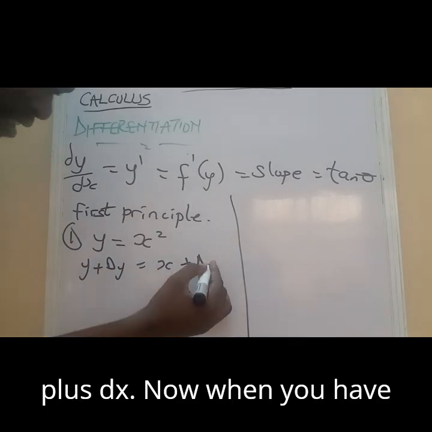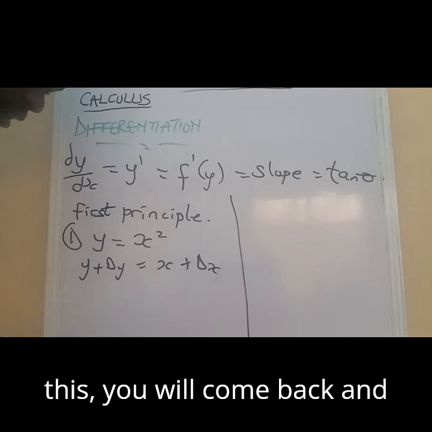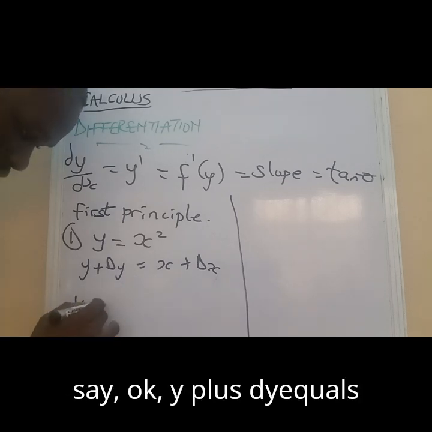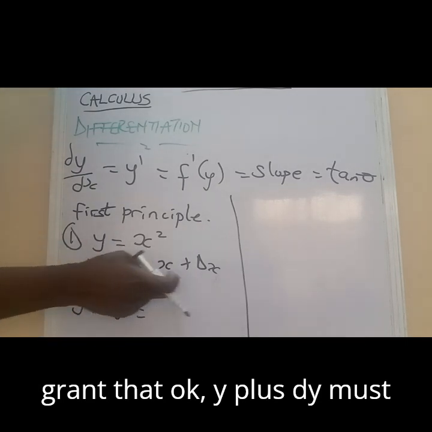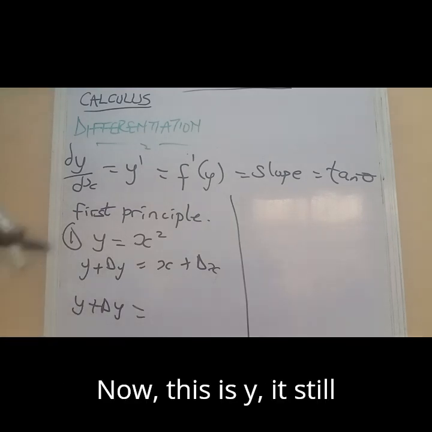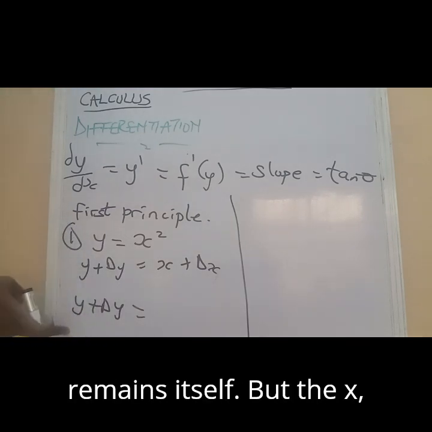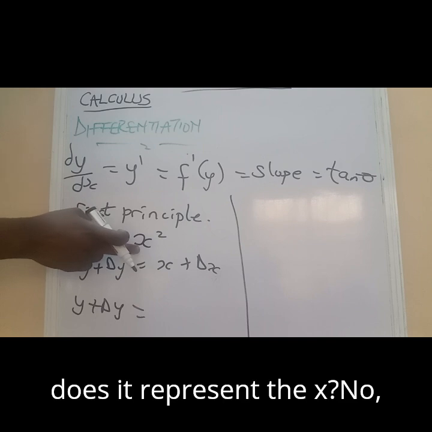Now when you have this, you come back and say, okay, y plus dy equals, this is the initial grant that y plus dy must always give you x plus dx. Now this is y, it still remains itself, but the x, does it represent the x?